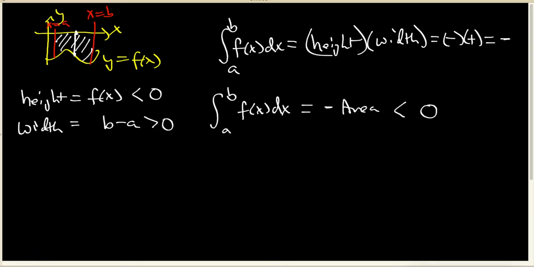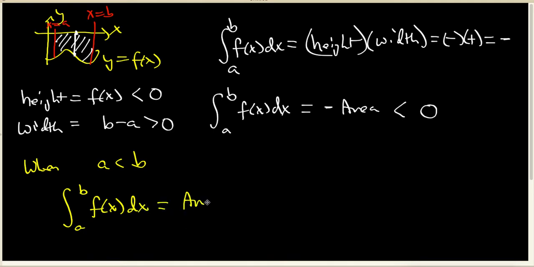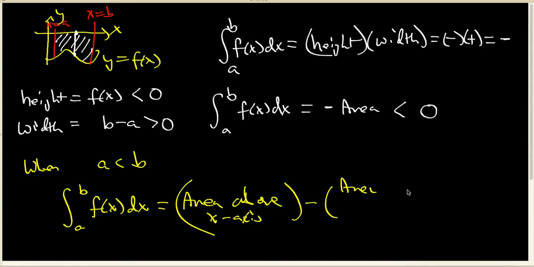So in general, what we've seen is that when the bottom endpoint of my integral is less than the top endpoint of my integral, a definite integral between a and b of f of x dx represents the area that is positive area trapped above the x-axis, and then we are going to subtract off the area that is trapped below the x-axis.